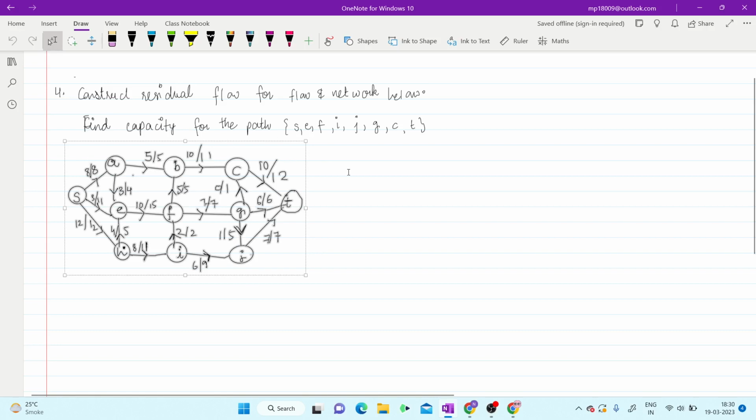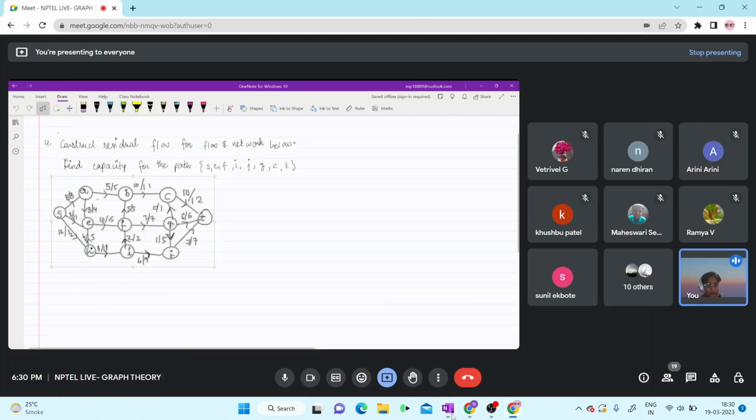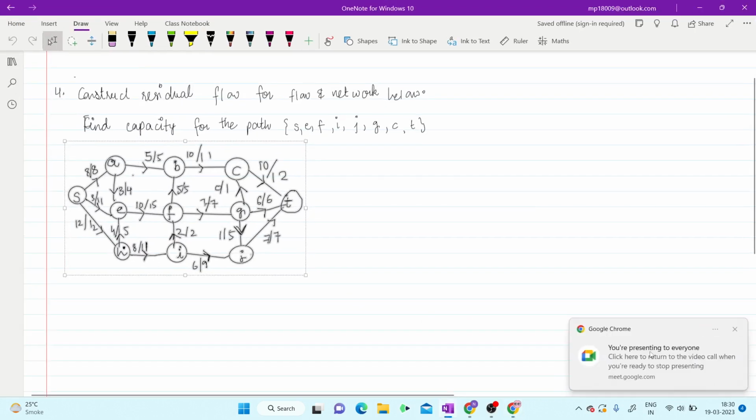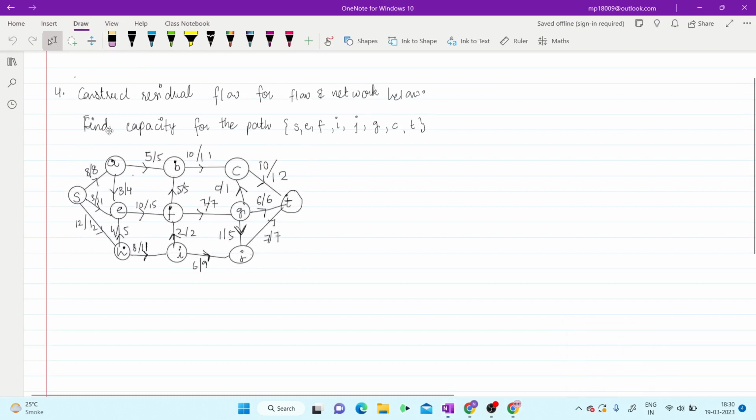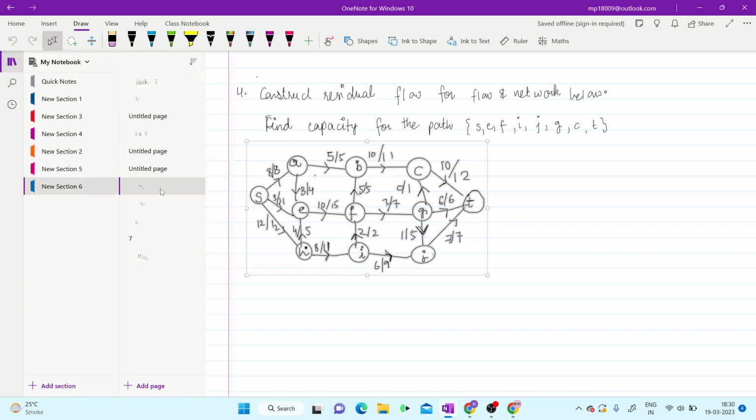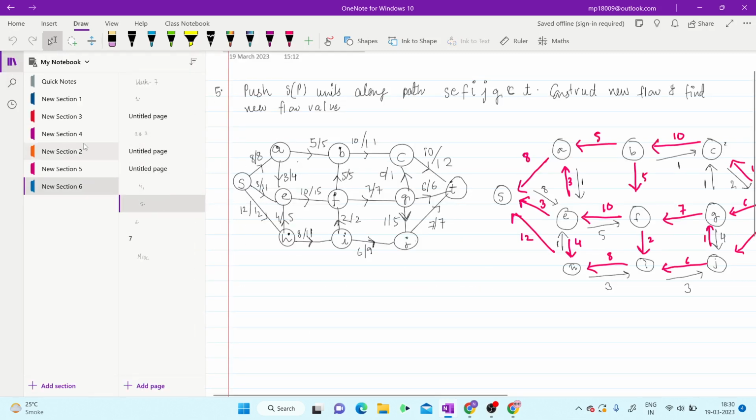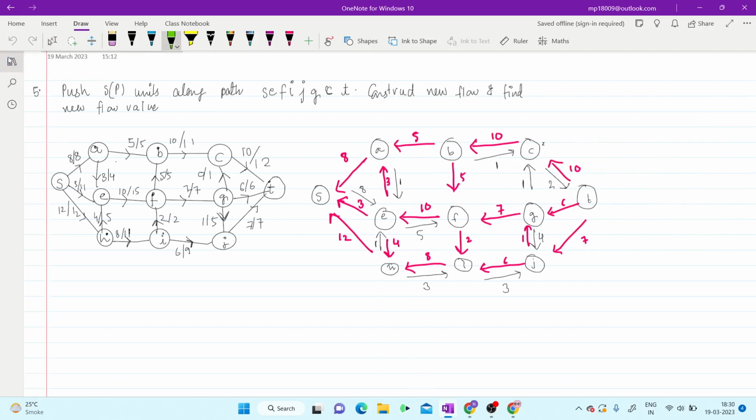Can I skip the construction of residual flow, or should I do it? You can skip. Is everyone okay with me skipping it? We have done one example where we did construct it. So I'll skip for now, and if we have time in the end, I'll come back. So you can see that the first question is to find the residual flow.